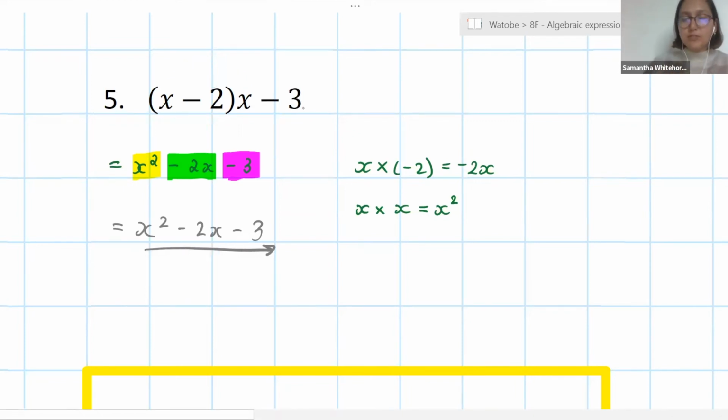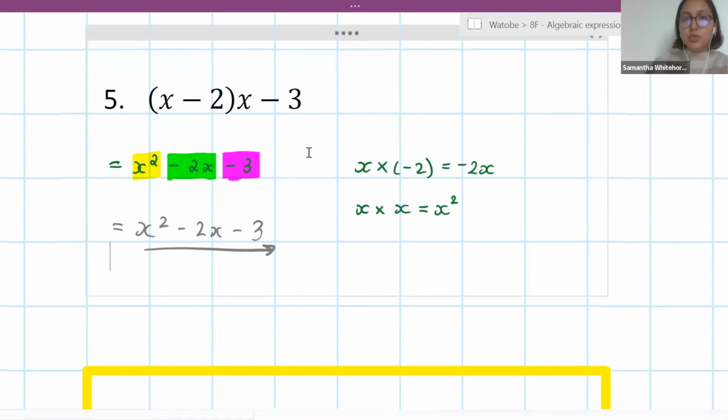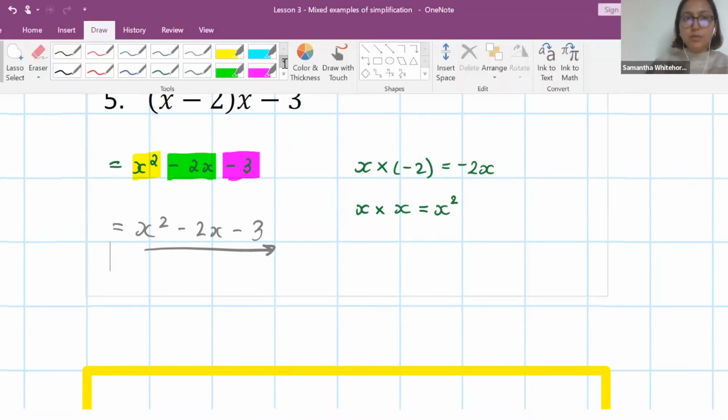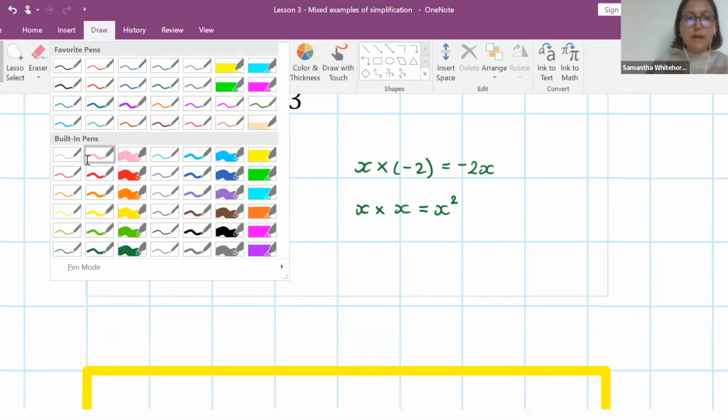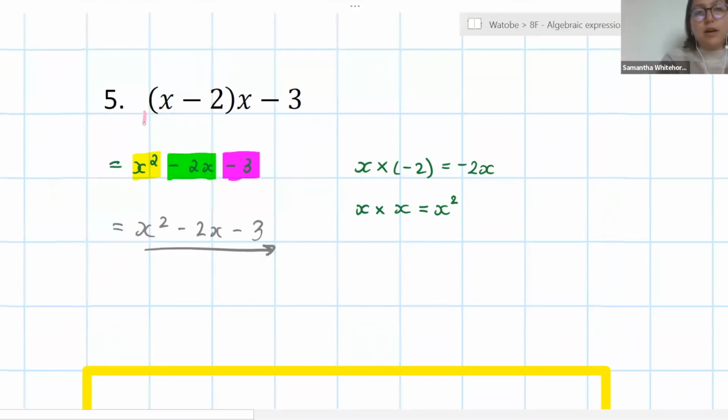So for question 5, I've got 2 terms here. My 2 terms are the bracket times x and then -3. Why? Because that minus sign is separating my terms, 2 separate terms.